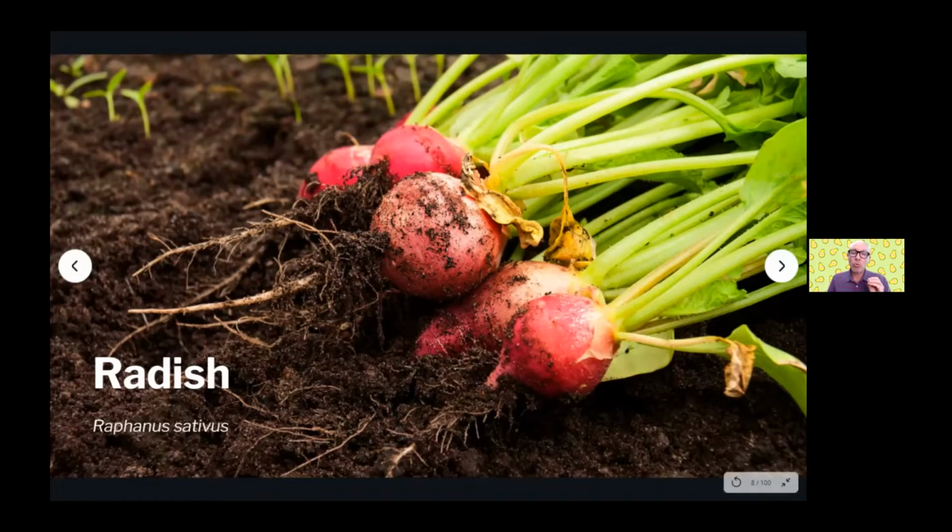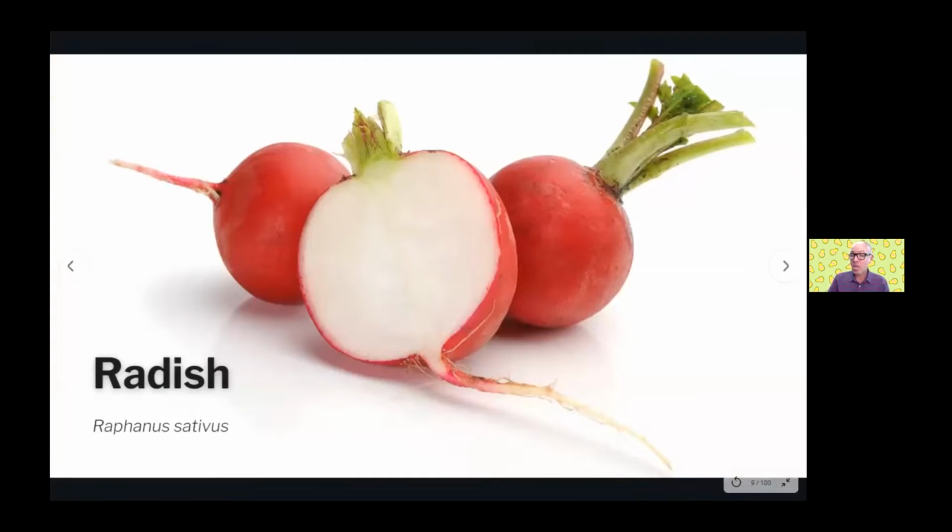Radishes will spend 1 year, one growing season, after germinating, storing starch, sugar, photosynthate in these swollen roots. And then the following year, they'll use that stored up energy to burst forth and flower and reproduce.